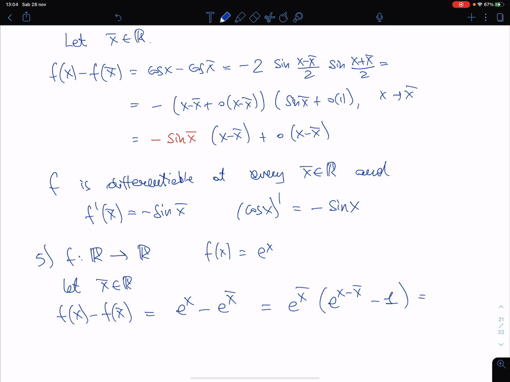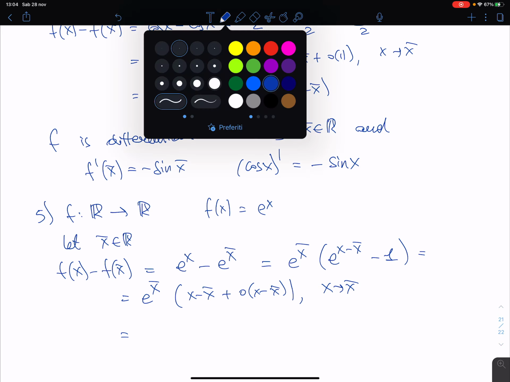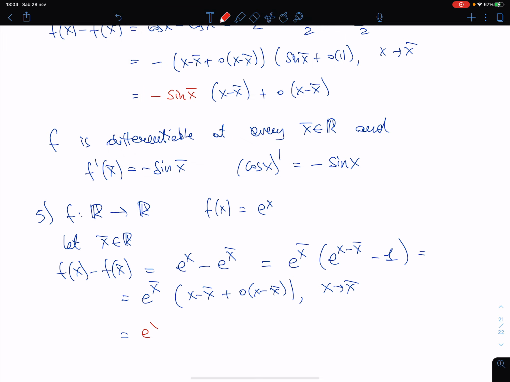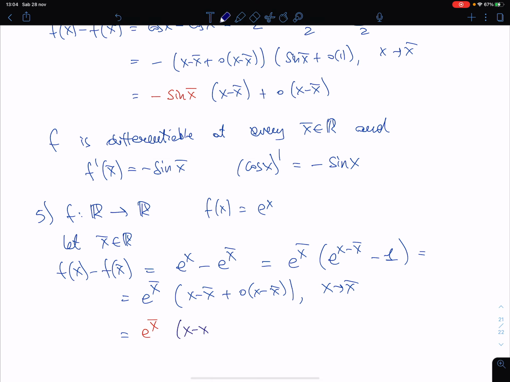And from usual limits that we know, this is equal to e to the x bar times (x minus x bar plus little o of x minus x bar) as x goes to x bar, and this is equal to e to the x bar times (x minus x bar) plus little o of x minus x bar when x goes to x bar.